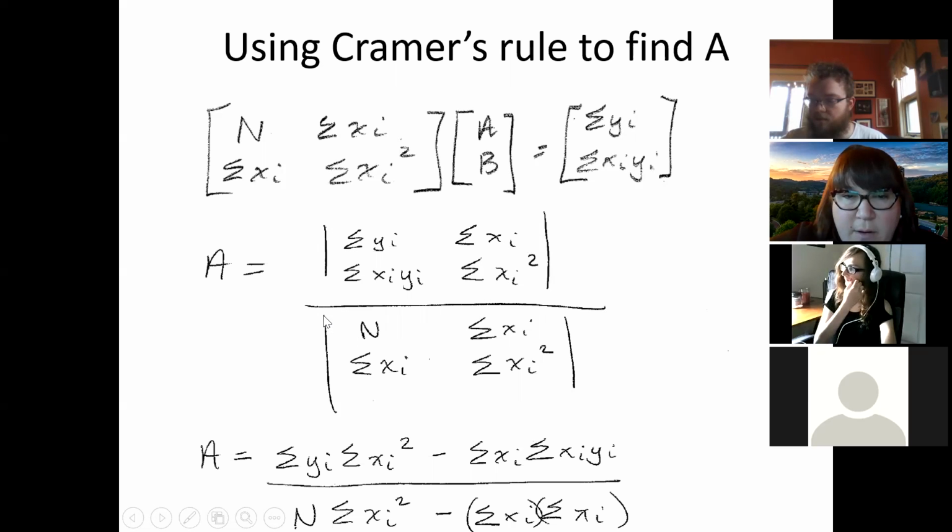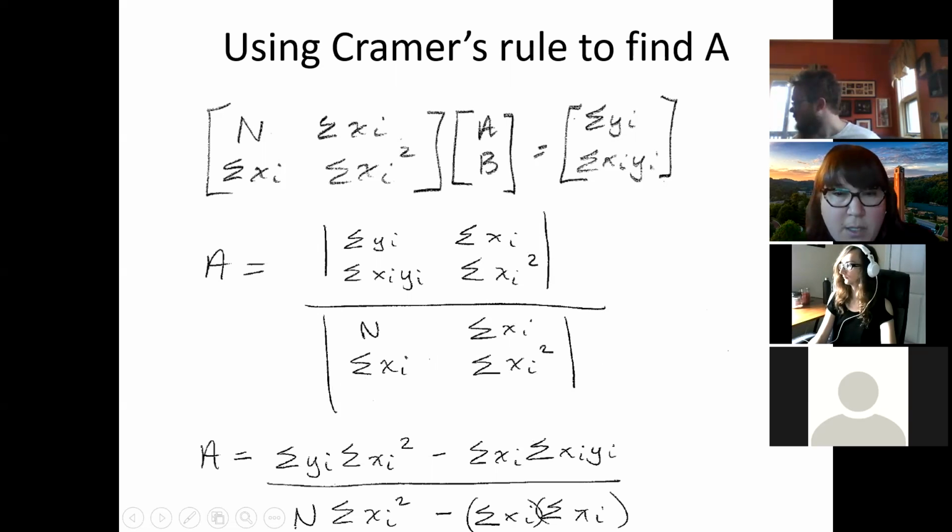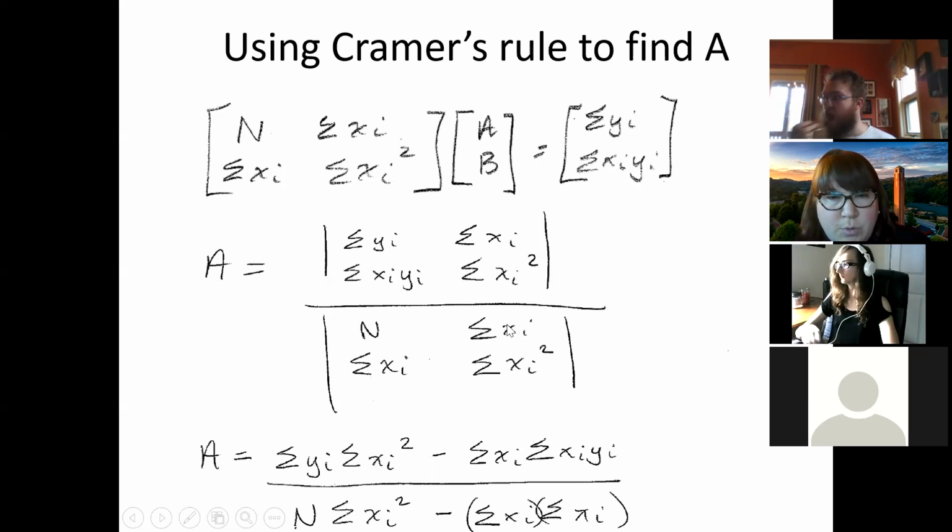Then you put the original matrix in the denominator with the determinant signs around it, because you're going to turn that into an expression as well.